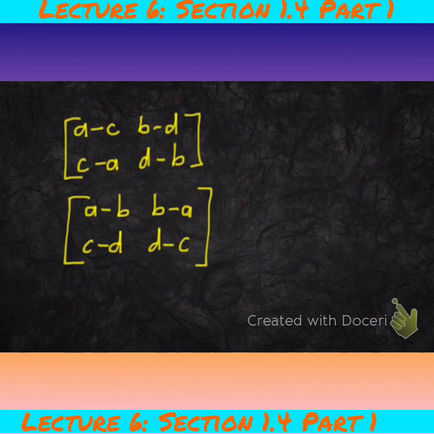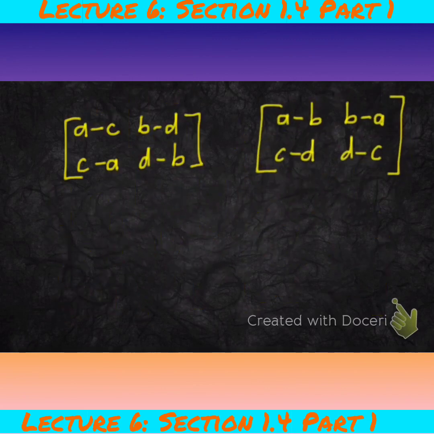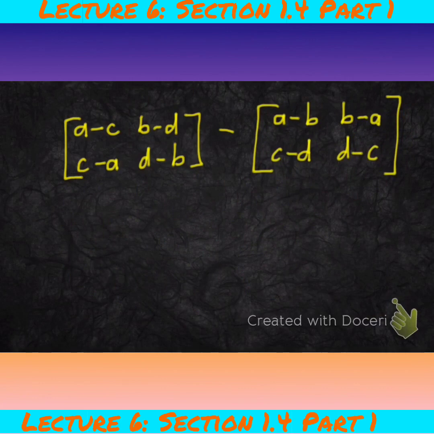Okay, because we want A times B to be equal to B times A, we need those two things to be the same, and that happens if and only if A minus C is equal to A minus B, that's the first thing that needs to hold.